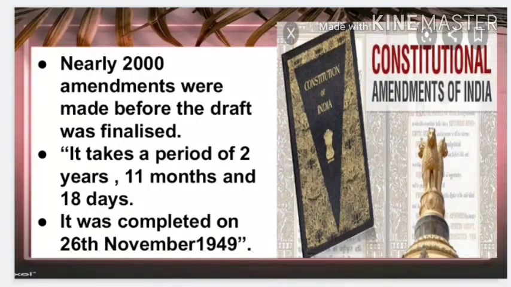Nearly 2000 amendments were made before the draft was finalized. Amendments are changes or additions to laws. It took a period of 2 years, 11 months and 18 days. It was completed on 26th November 1949.